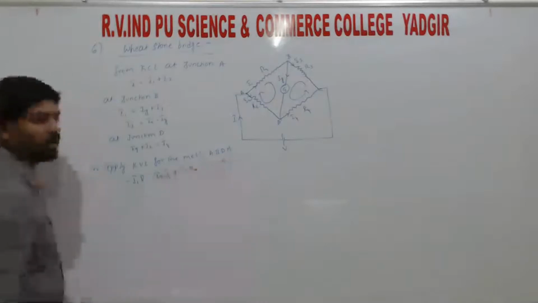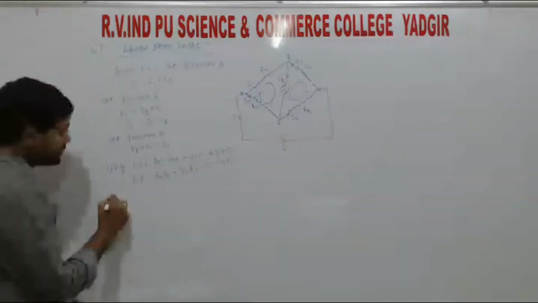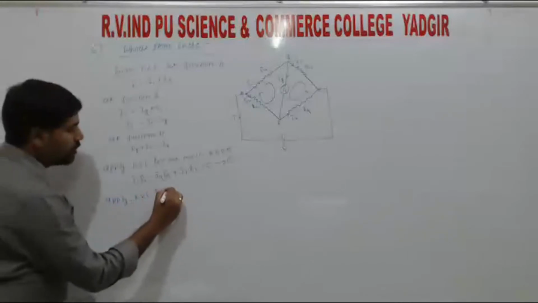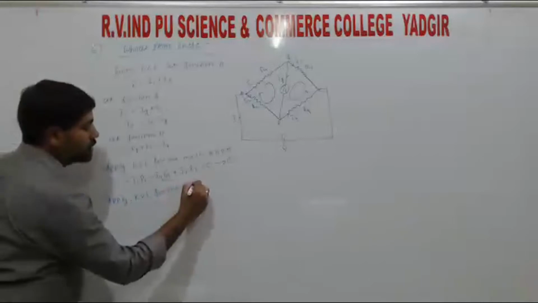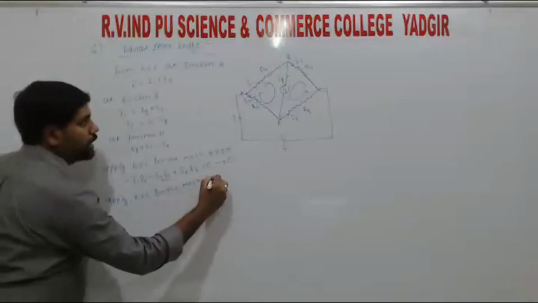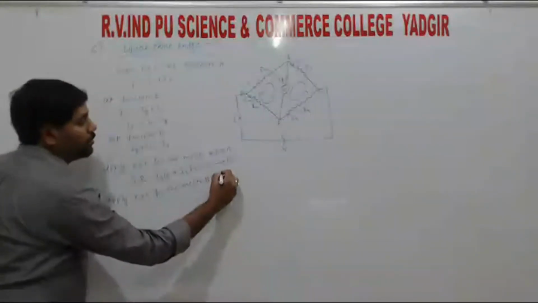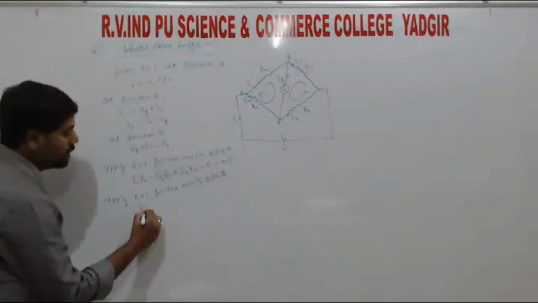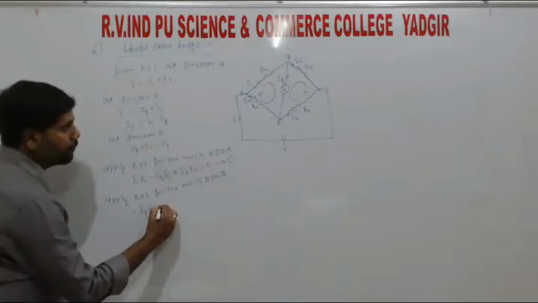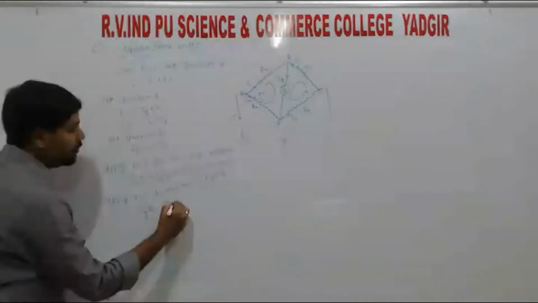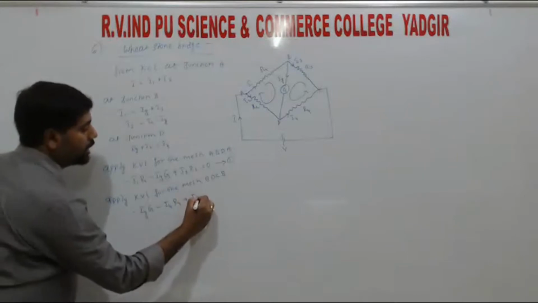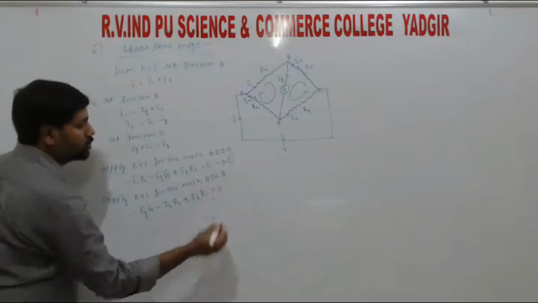This is the first relation. Next, apply Kirchhoff voltage law for the mesh B, D, C, B, right? So again minus IG G minus I4 R4 plus I3 R3, that is equals to 0.